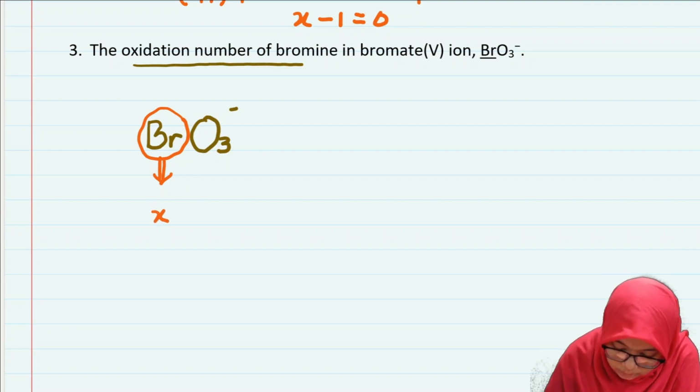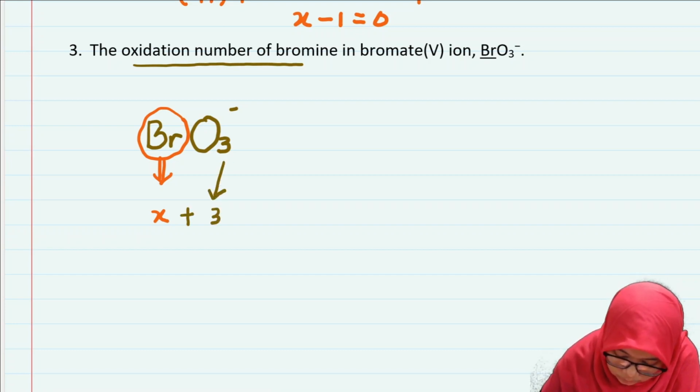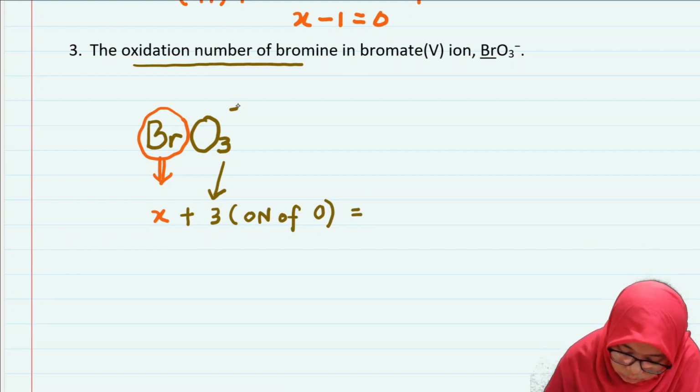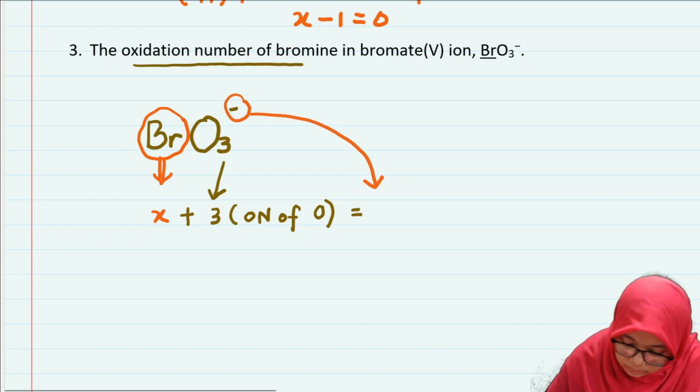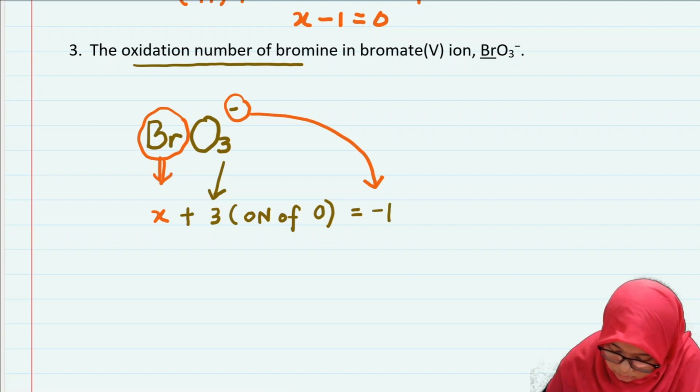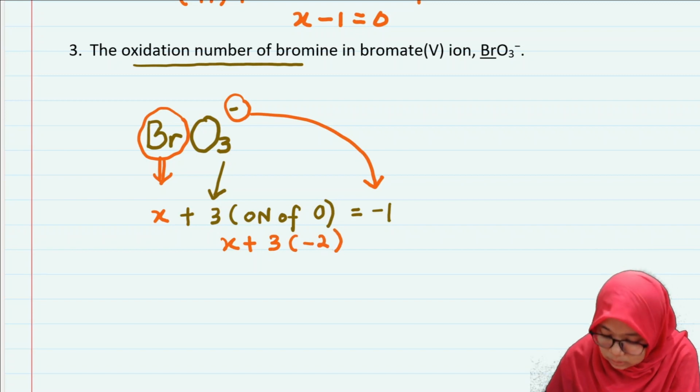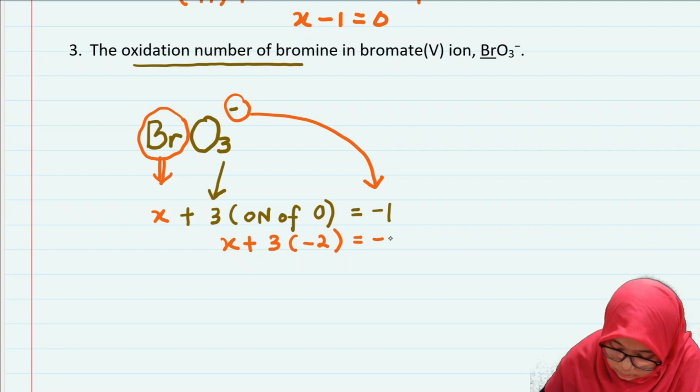This will be the X value, and then we add 3 times the oxidation number of oxygen, because of the 3 oxygens there, which equals the total charge of the polyatomic ion. That will be -1. So X plus 3 times -2, since oxygen is always -2, equals -1.